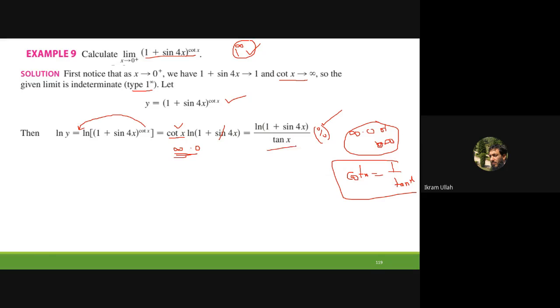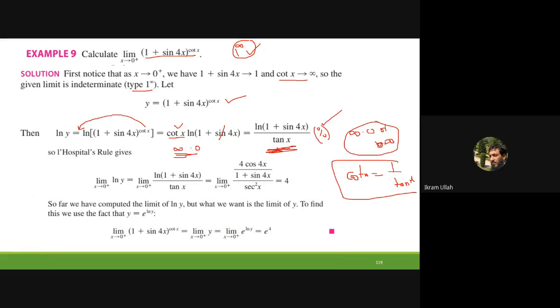Now we use the L'Hopital rule on this quotient. Taking the derivative, it will equal 4 cos 4x divided by 1 plus sine 4x, using the derivative of the natural log.